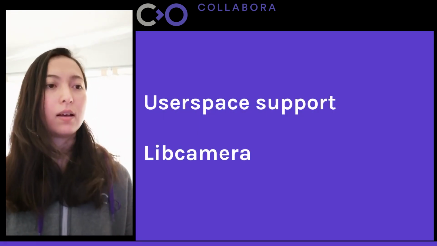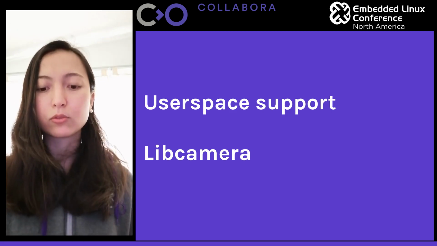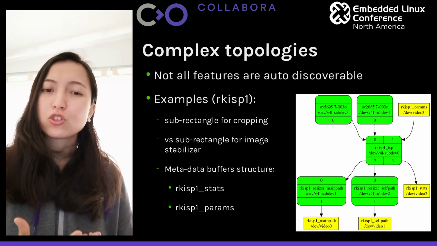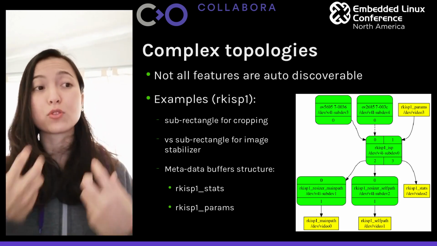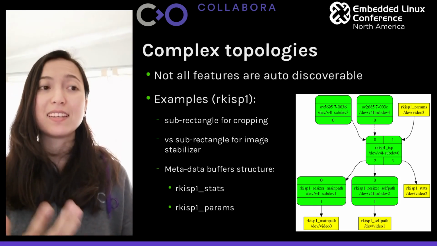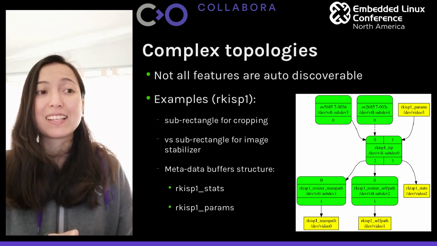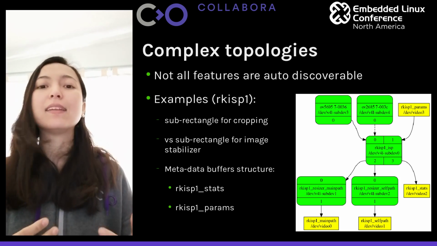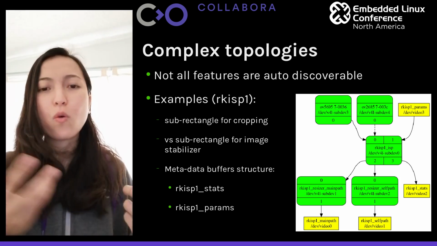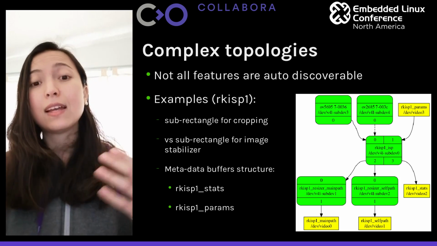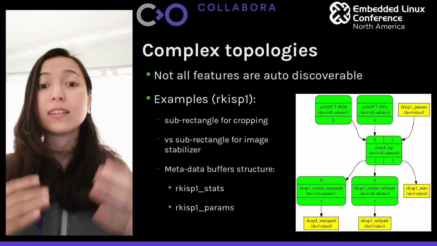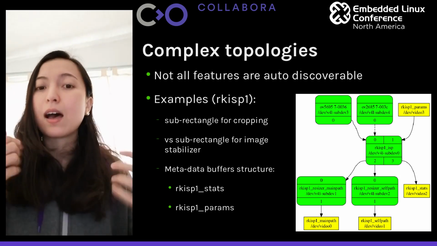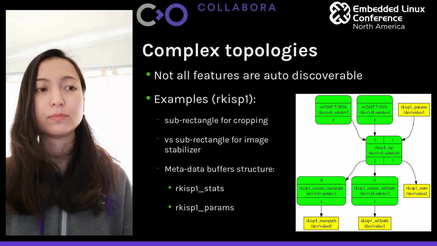Now let's talk about this specific project, libcamera, from userspace. As we can see, not all features are auto-discoverable from userspace. An example is the RK ISP1 driver, where we can select a subrectangle for cropping or a subrectangle for the image stabilizer. In the media API, there's no way for userspace to know that this subrectangle represents cropping or the image stabilizer, which means that the userspace driver needs to know a little bit about the driver in the kernel.